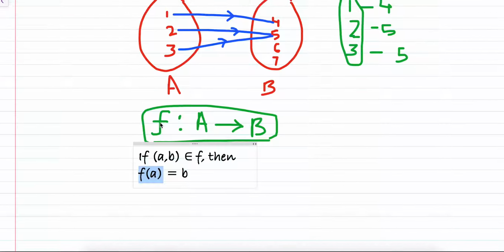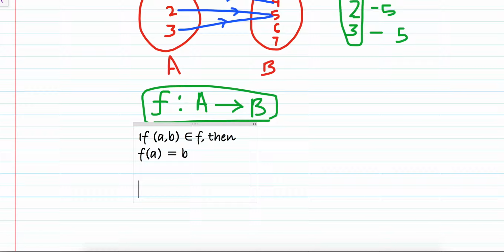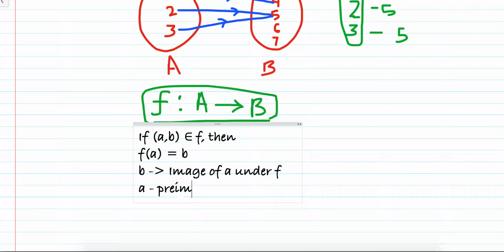So here we call b as the image of a under function f, and a we call as the pre-image of b under f.